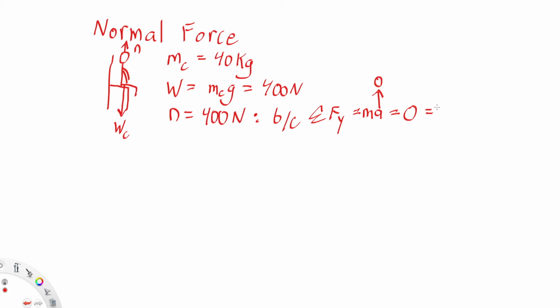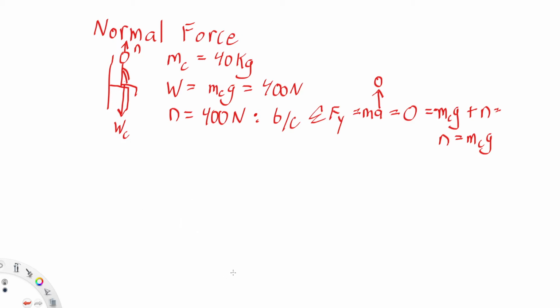And there's a force due to the kid's weight, and that's going in the negative y direction. And there's a force due to the chair pushing on the kid. And so in this case, that tells us that the normal force has got to be equal to the weight of the child. Right. This is not always the case.